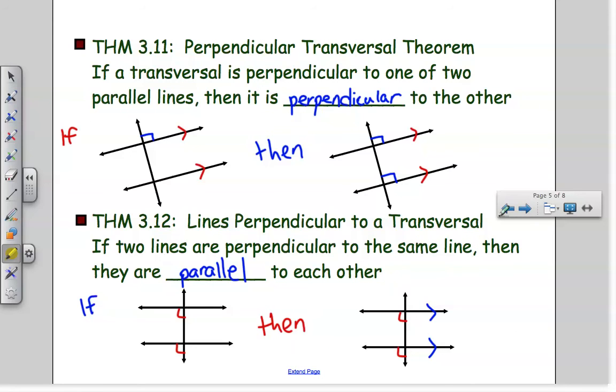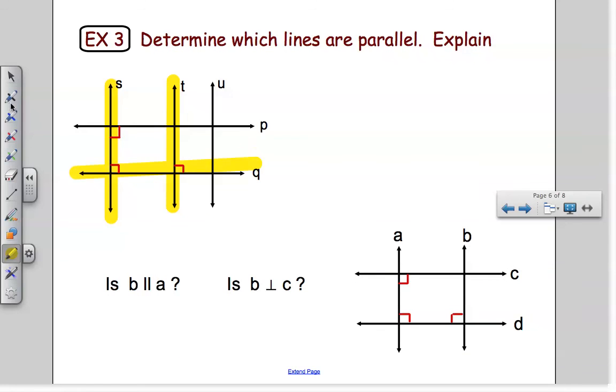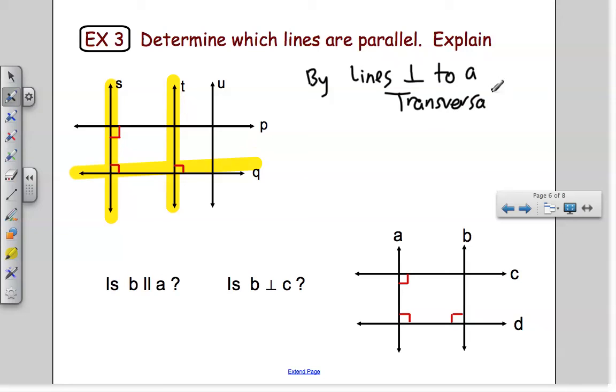So this is lines perpendicular to a transversal. So by that theorem, I know that S has to be parallel to T, since line Q was perpendicular to both S and T. Get rid of those highlights.